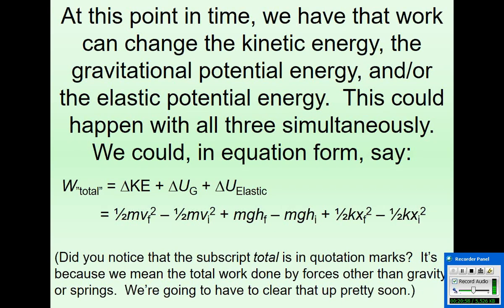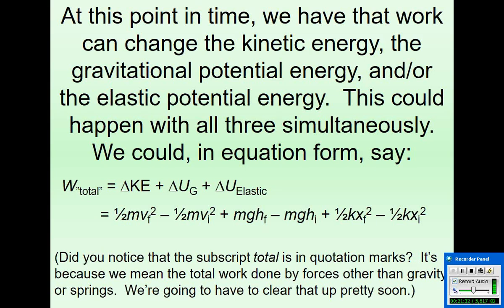Instead of just saying that the work is equal to the change in kinetic energy, we are separating out the gravitational force and an elastic force, if it exists. And we're saying that the total work done by the remaining forces, whether it's tension or normal or friction or whatever, is equal to the change in kinetic energy plus the change in gravitational potential energy plus the change in elastic potential energy.